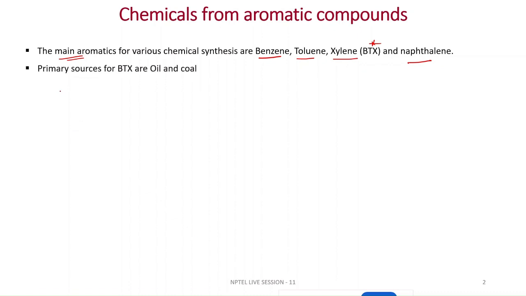So, what are the primary sources for BTX? Primary sources are oil, petrochemical oil, as well as coal. These two are the primary sources. We generally consider them to be the main source for BTX.